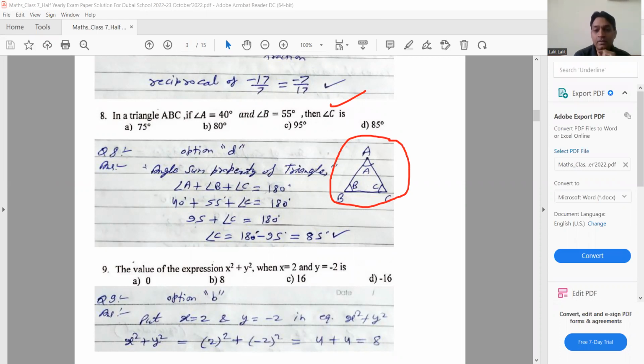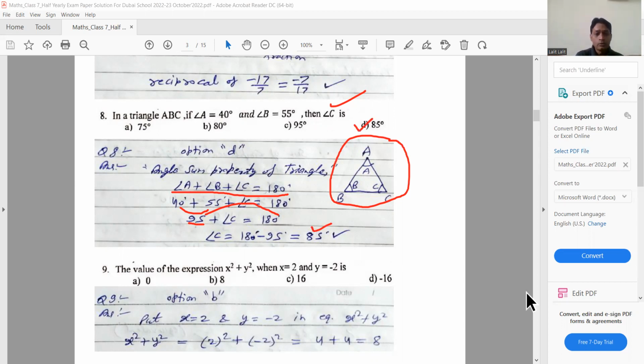As per this property, the sum of all three interior angles of a triangle is equal to 180 degrees. So we put in A, which is 40, and B, which is 55, to find C. 40 plus 55 is 95. Now you transpose 95 from the left-hand side to the right-hand side. You get angle C is equal to 180 minus 95, which is 85. So the answer is 85, which is option D.